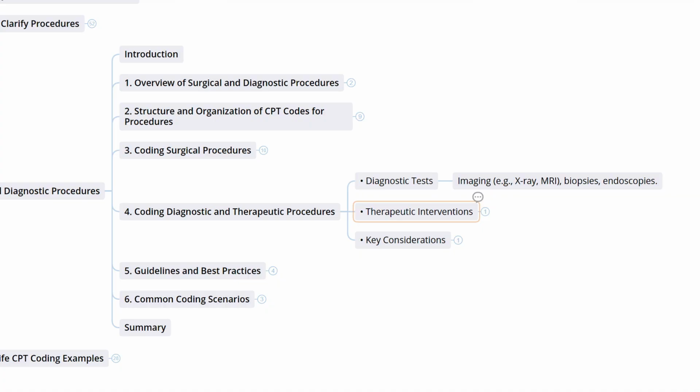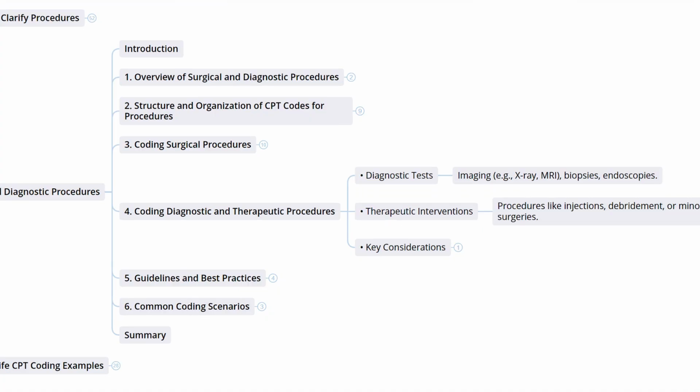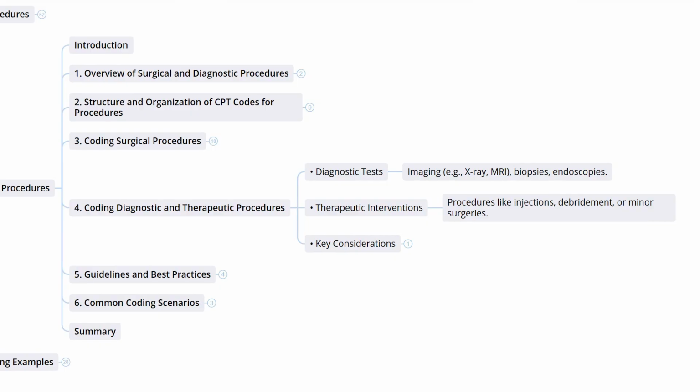Next, therapeutic interventions like injections, debridement, and minor surgeries. Key considerations: proper documentation of the procedure performed.